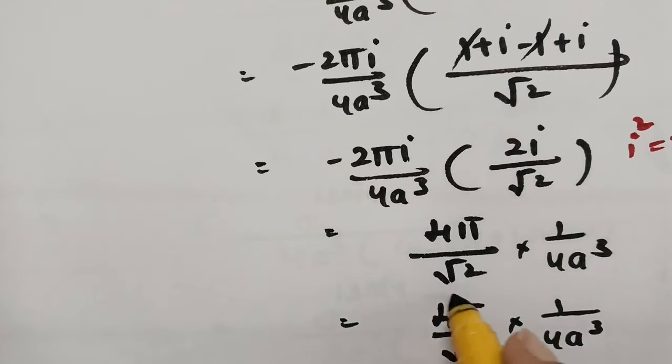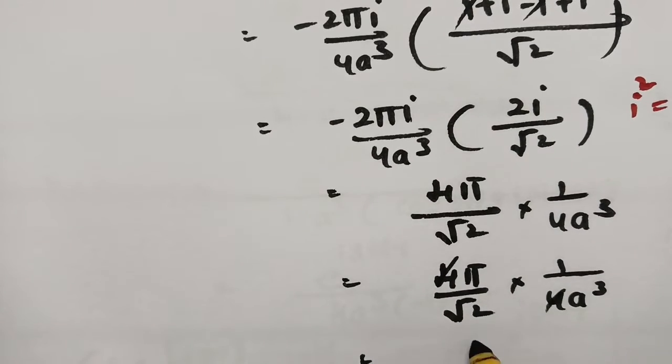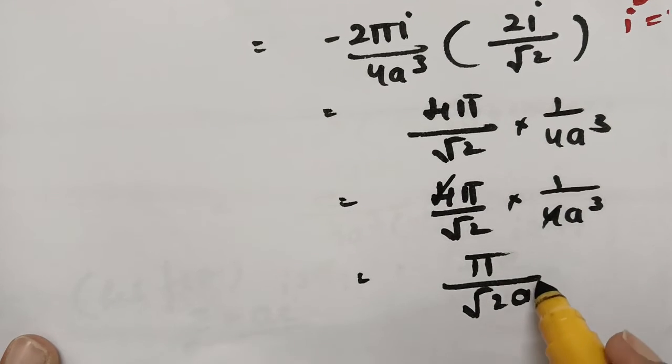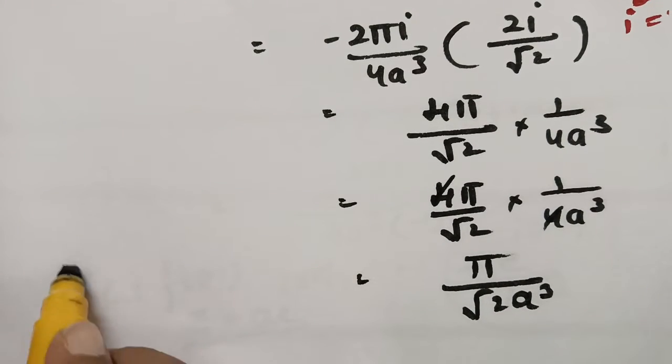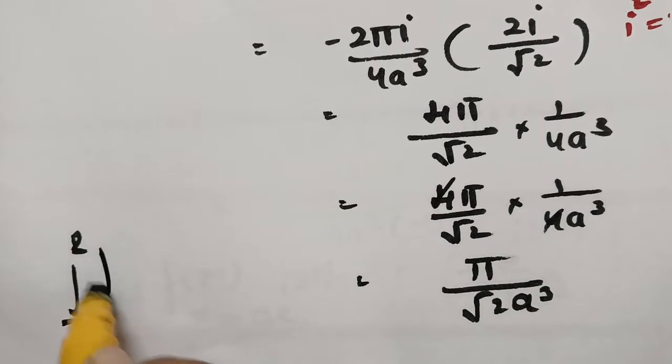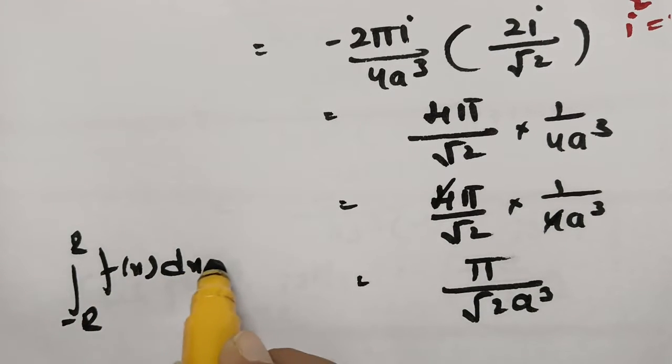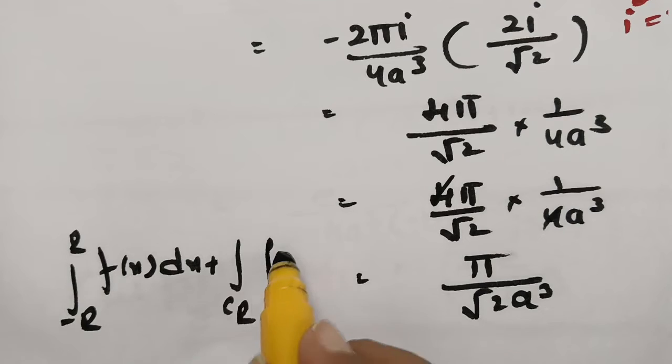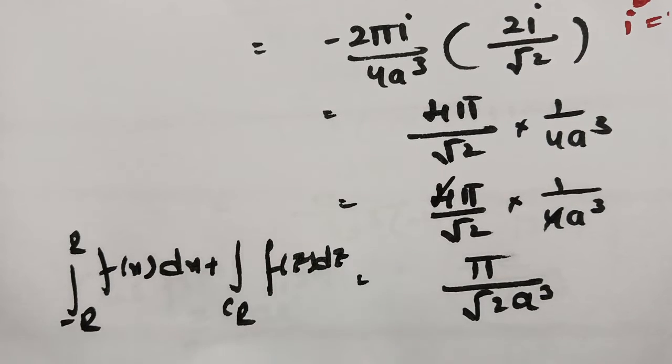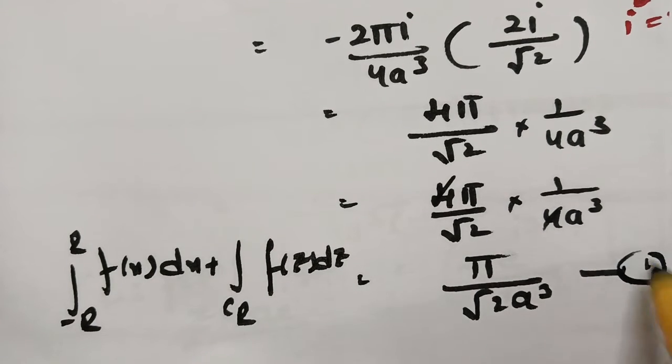So now I can cancel this one, and this will be pi by root 2 into a cube. So this is nothing but the integral from minus r to plus r of f of x dx plus the integral over cr of f of z dz. See, so this is equation number 1.